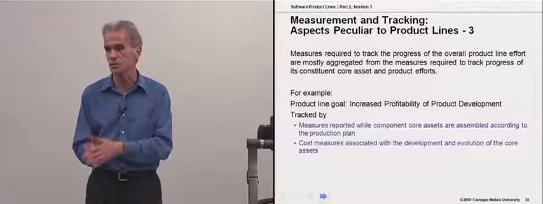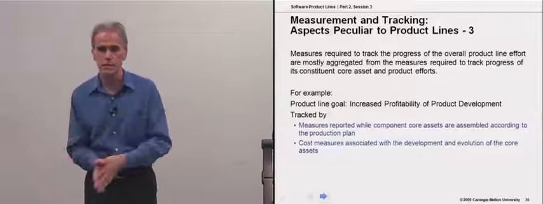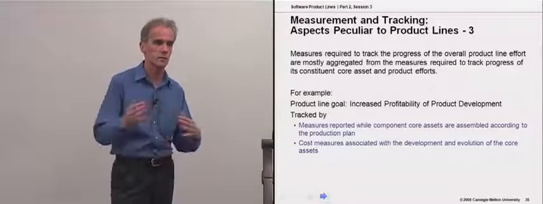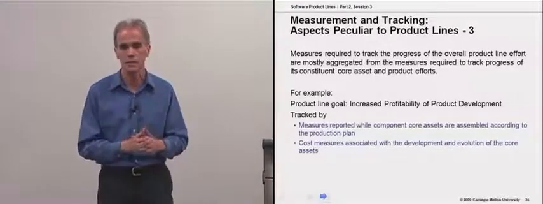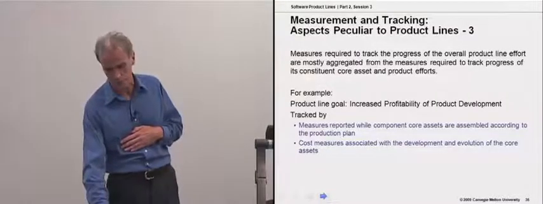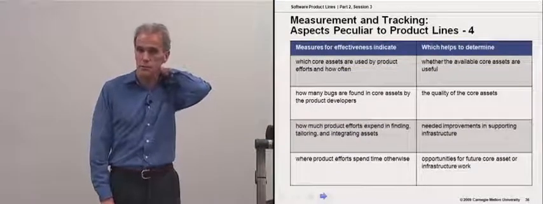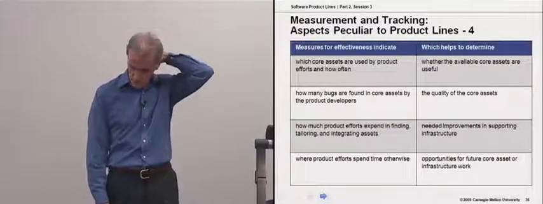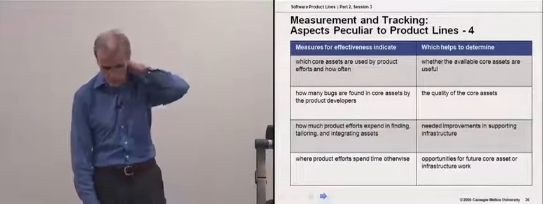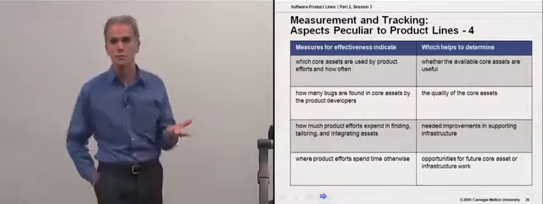And so the measures collected at individual units and at different points in the life cycle will be rolled up at the product line level to see whether or not an organization has a quantitative assessment of the effectiveness of the product line approach.